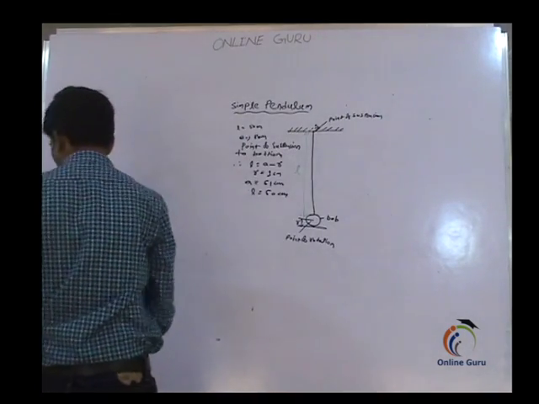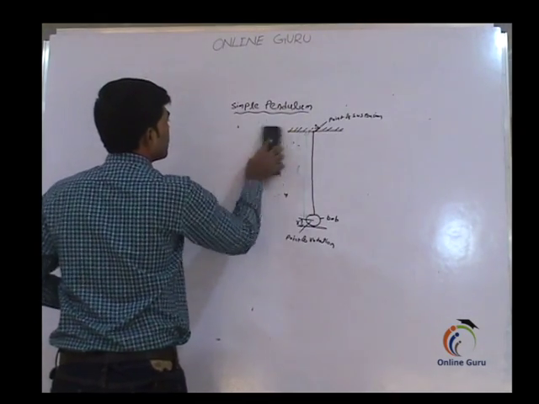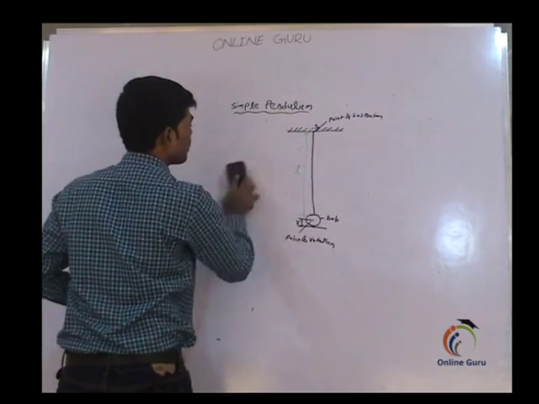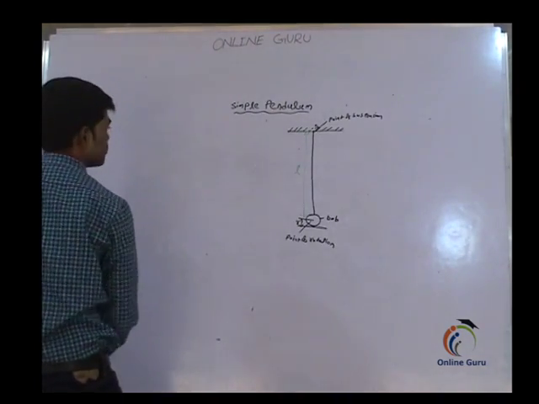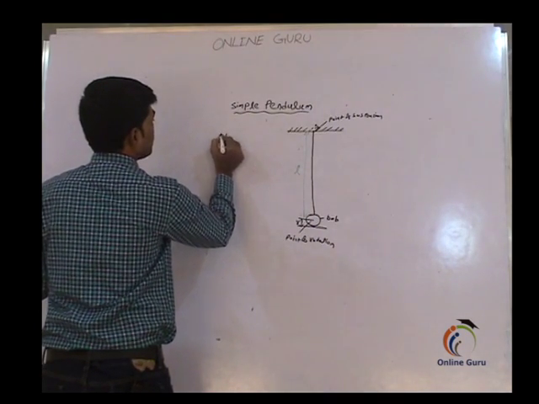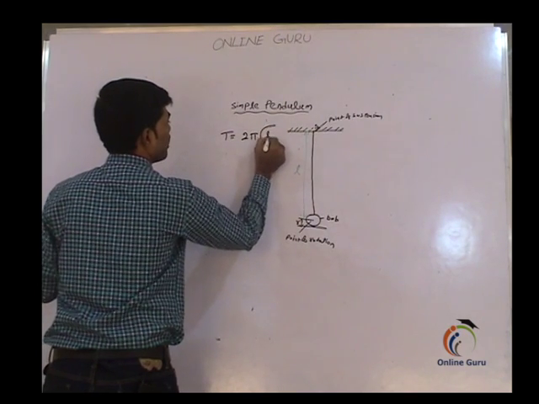Now we will see the time period for the pendulum, that is the expression for the time period of the simple pendulum. The expression for time period T is equal to 2 pi under root of L by g.